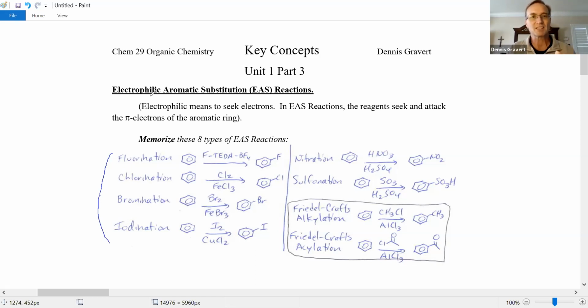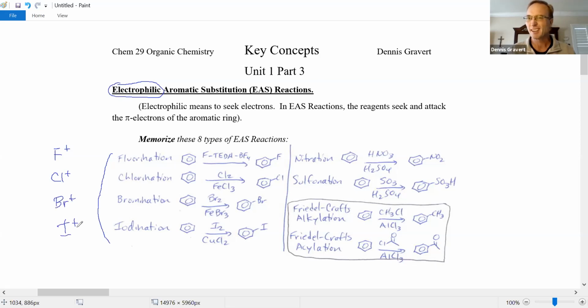The thing that seeks electrons the best, an electrophile that's really good at being electrophilic, is something that's positive. So what's going on in these 4 reactions, actually all the electrophilic aromatic substitution reactions, is that you're creating an electrophile that carries a positive charge. So you're trying to create F+, Cl+, Br+, and I+.